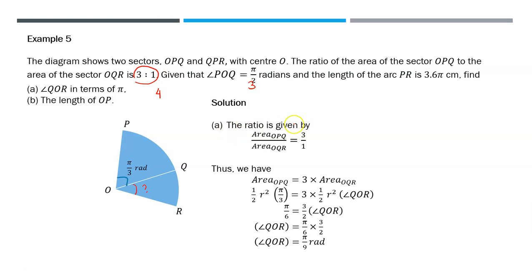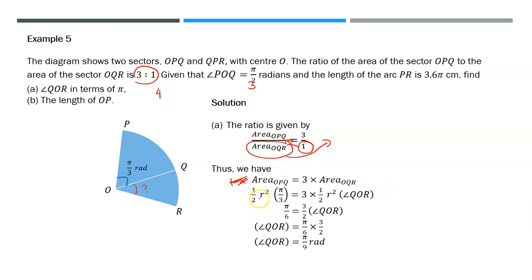Okay, so the ratio is given as macam begini. Area of OPQ to area of OQR is 3/1. So maksudnya we have here ini bawa ke sini, ini bawa ke sini. So now you have area of OPQ multiplied by 1. Tapi saya tidak tulis lah ni. 3 multiply with area OQR.